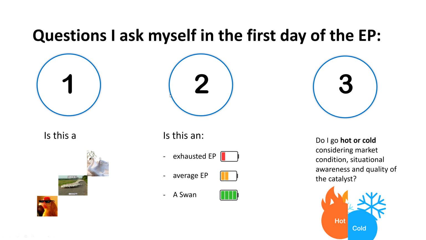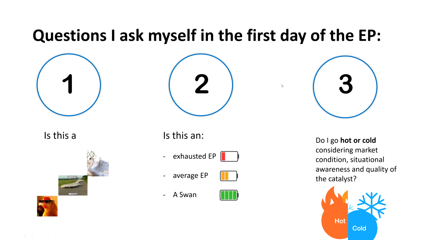Okay, I hope you're still with me by now, and I hope the data is useful, insightful, and you learned some interesting stuff. Based on what you found out in the last couple of minutes, I ask myself these questions when I am at day 0 of the EP.